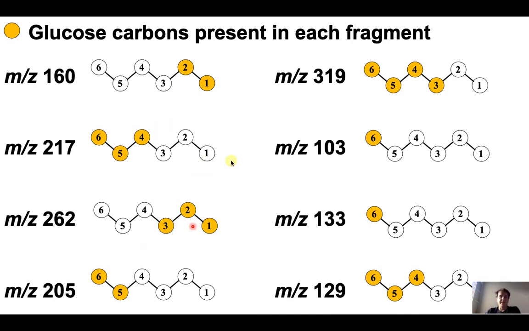So these are fragments where we could nicely see their composition, I mean, which carbons from the glucose we have in each fragment. But 262, it's impossible to use. One important message that we have to say, I guess, is what we can do and what we cannot do.